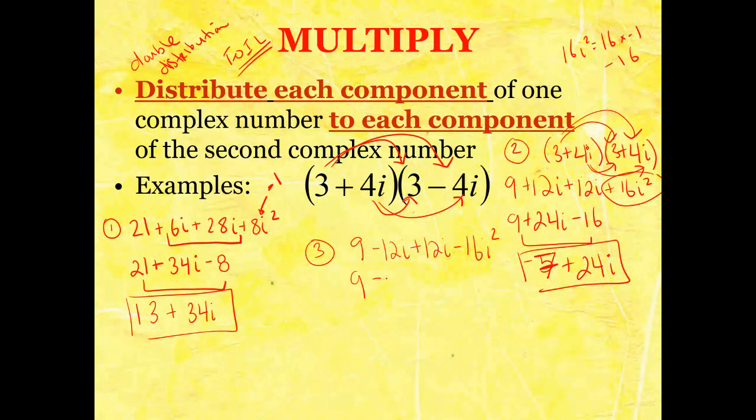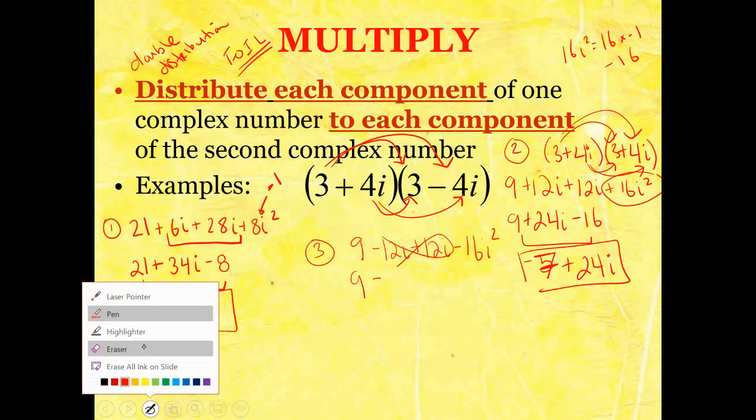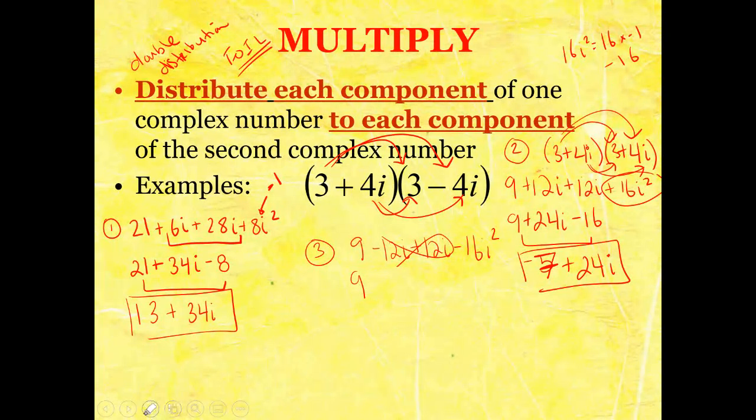So 9, oh, that's just plus 0. Those cancel, right? And then minus 16i squared, that's like negative 16 times negative 1 gives me just positive 16. So plus 16 gives me 25. So I just got a real number by doing that.